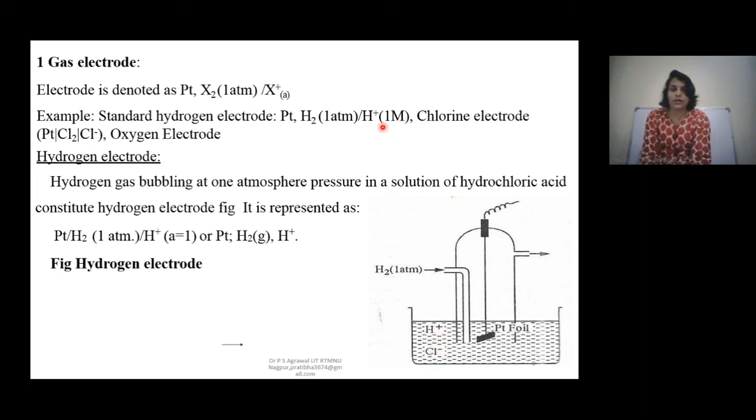Hydrogen gas at 1 atmosphere pressure is bubbled in the 1 molar HCl solution. An inert metal like platinum is dipped in this for electrical contact, as it is not attacked by acid. It does not participate in the electrode reaction but helps in making the electrical contact. It is not an electrode itself, just a wire to make the contact.